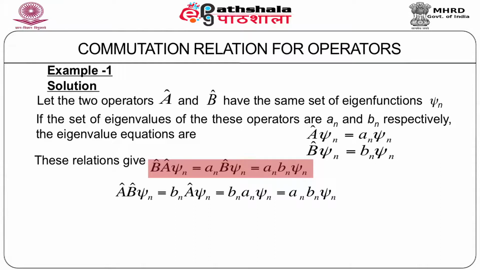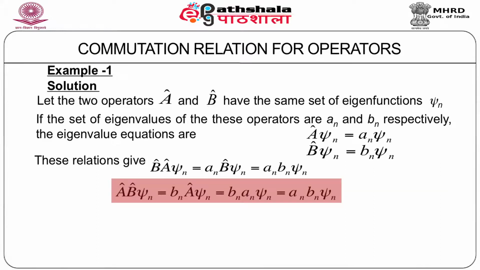Similarly, if instead of operating B from the left, you operate A from the left on the second equation, then you get AB psi n equal to b_n A psi n, equal to b_n a_n. Since b_n and a_n are numbers, these are eigenvalues, so you can interchange them: b_n a_n is equal to a_n b_n.